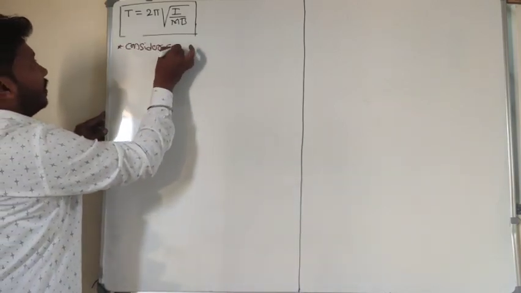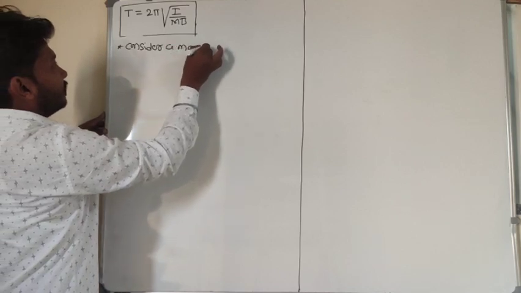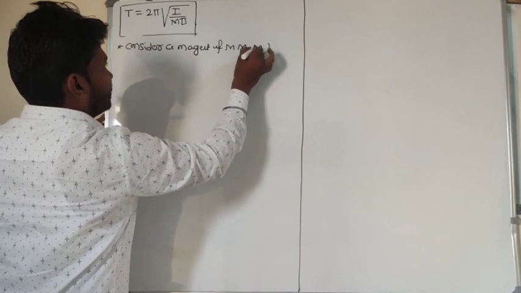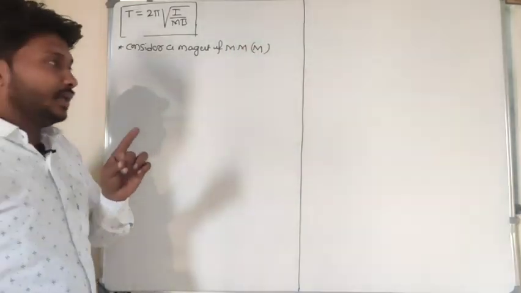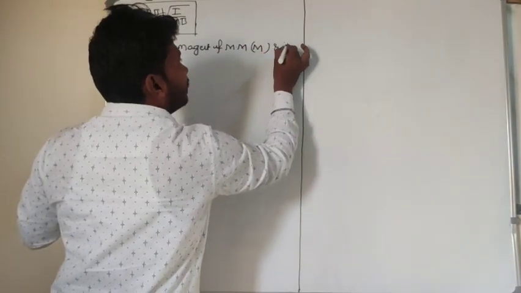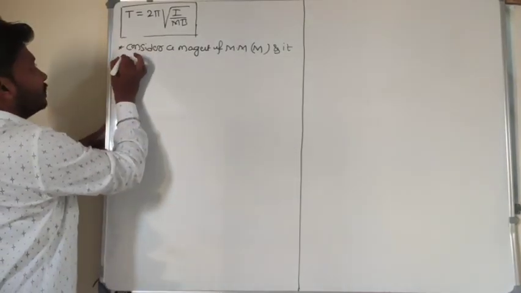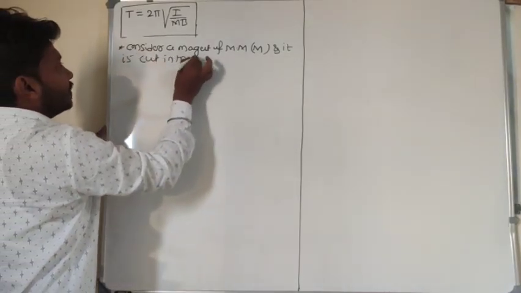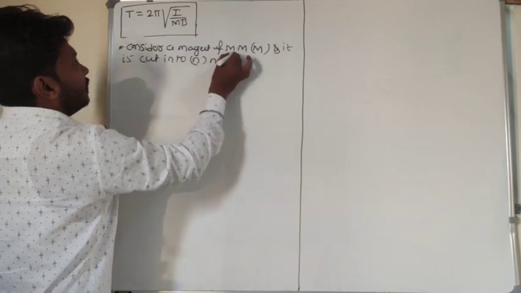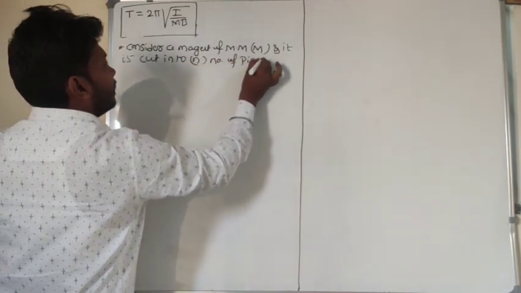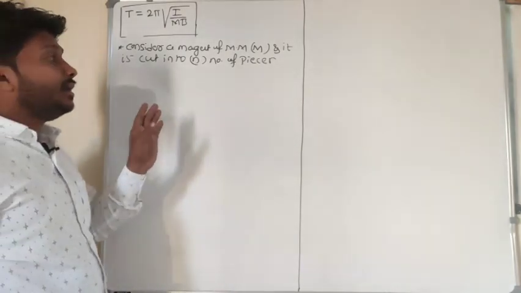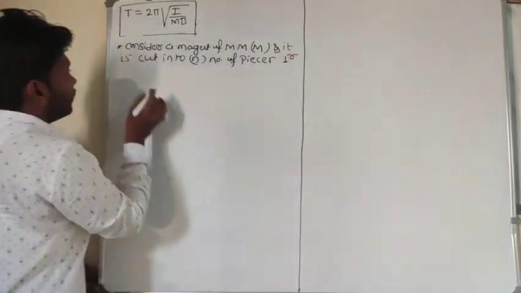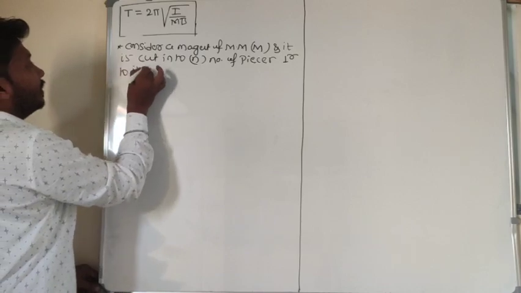We'll take one bar magnet or magnetic needle here. Consider a magnet of magnetic moment M, which is cut into n number of pieces perpendicular to its length.